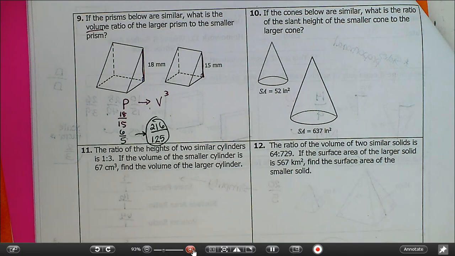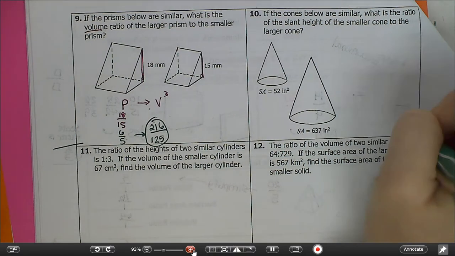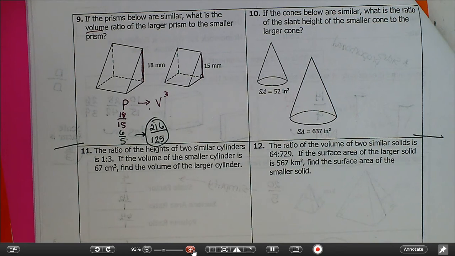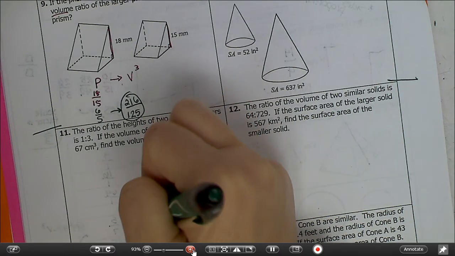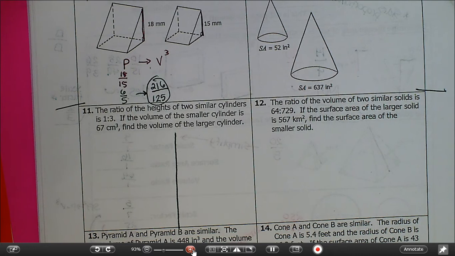Okay, now here's where we go one step harder, right here. Now we're going to do this process, but we're also going to actually give the new volume. So in order to do this, I highly recommend you copy my formatting of these problems. We're going to do two different things.